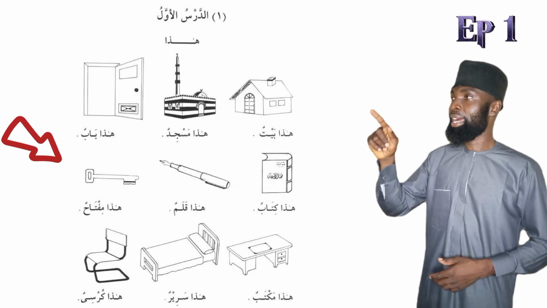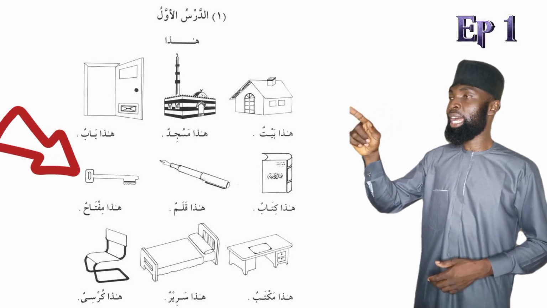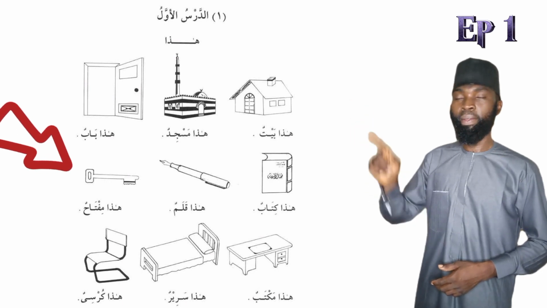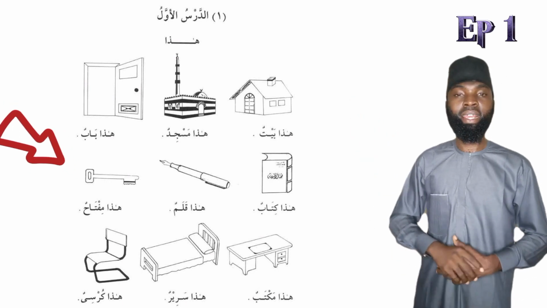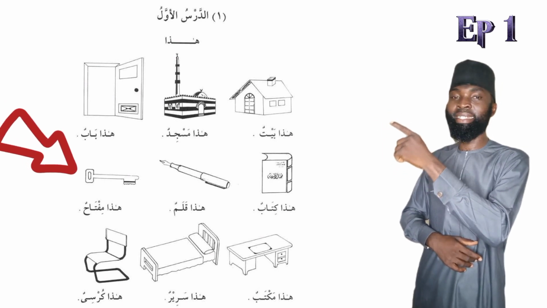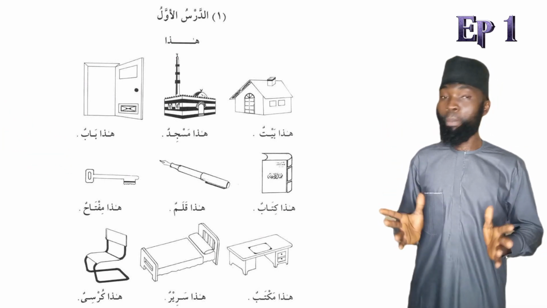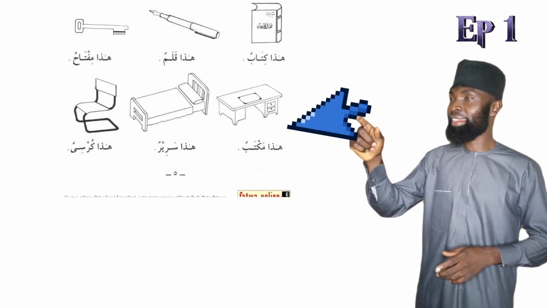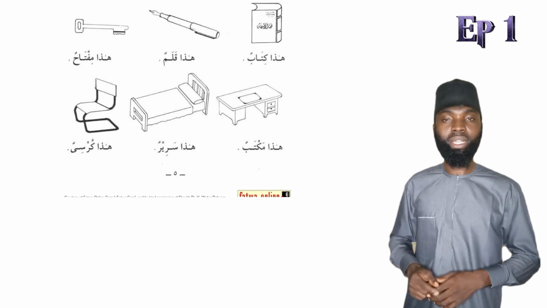The next image, هذا مفتاح. This is a key. Now coming to the next image on the last line. Yes, هذا مكتب.